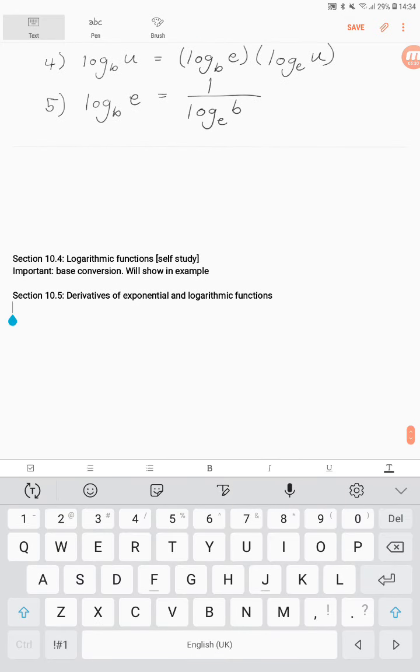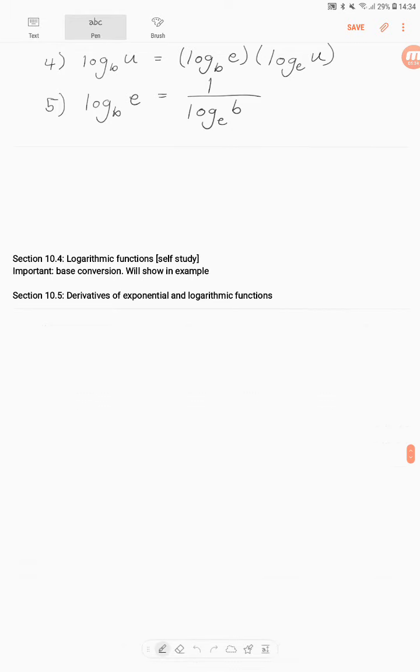Finally, section 10.5, derivatives of exponents. First, the derivative of the exponent we already have: it's simply the exponent. The derivative of the natural log is 1 over t.